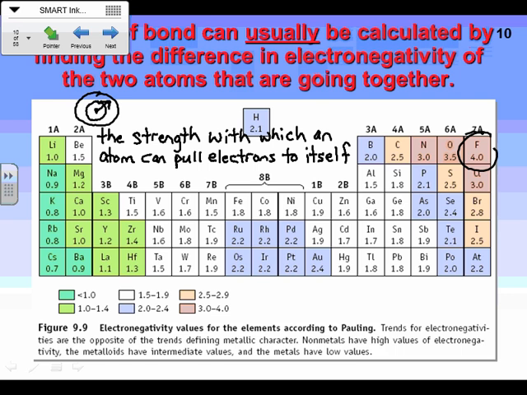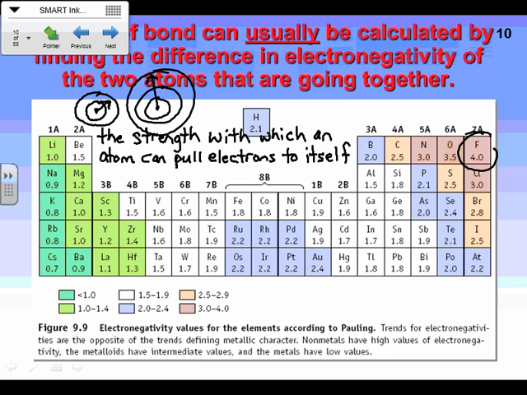And that's really what happens in an atom. You've got the positive center, right? The nucleus is the protons, and that's pulling the electrons closer to itself. With something like chlorine, you've got an extra energy level there, so now the nucleus is further away from those outer electrons, so it can't pull them to itself as tightly.